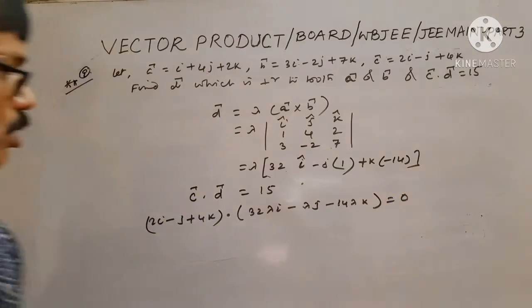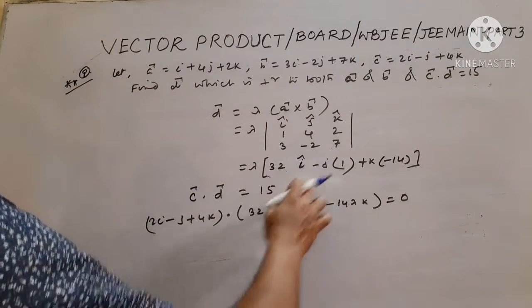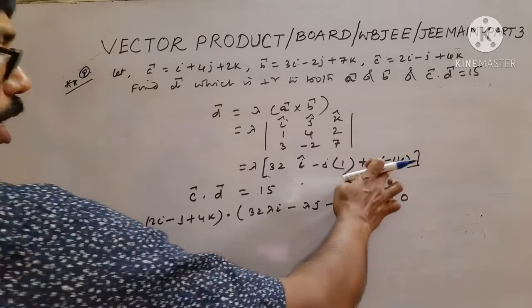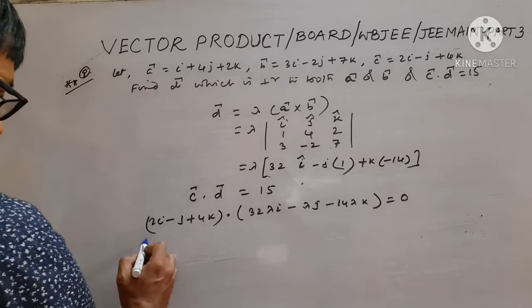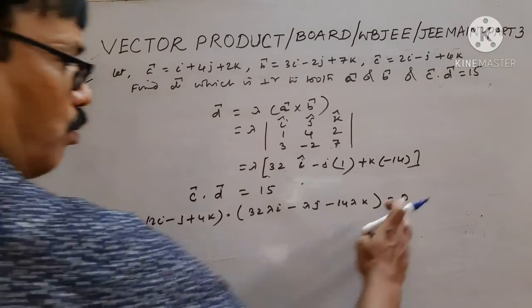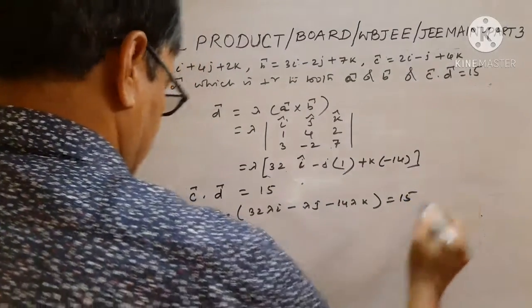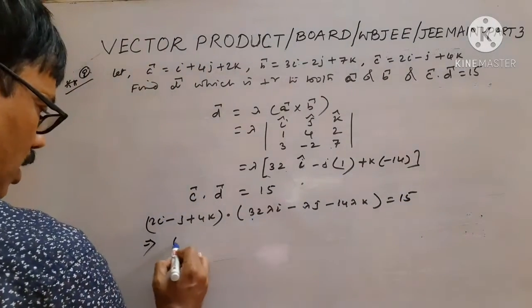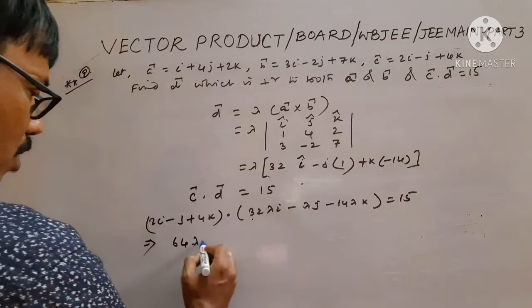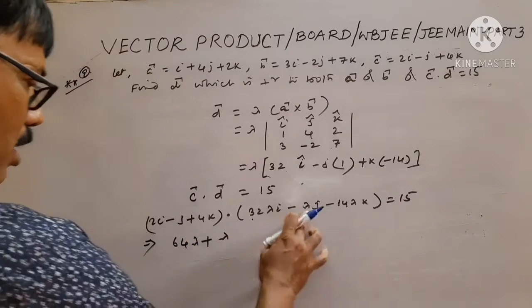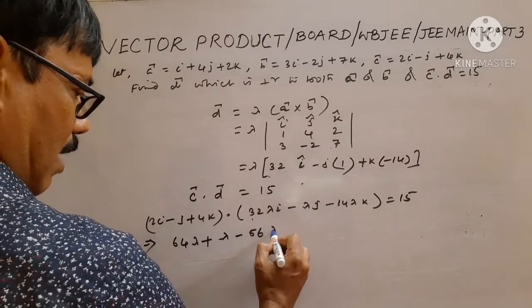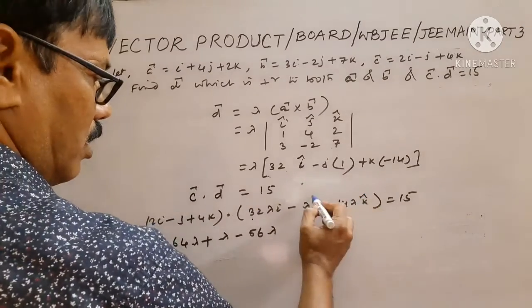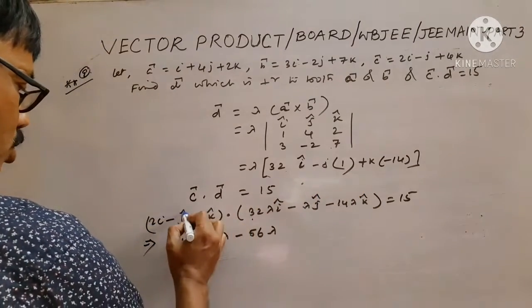So this equals 15: 64 lambda plus lambda minus 56 lambda. K dot k is 1.